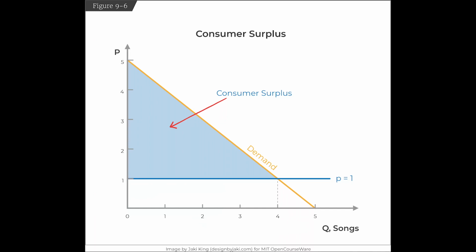However, when she bought Humble, which was her first choice song, she gained a surplus because she paid $1 for that, but she was willing to pay $4 for it. And the surplus is the difference between what she paid, which is represented by the horizontal line at $1, and what she was willing to pay, which is the demand curve, which is $4. So she gained that surplus. Yeah?